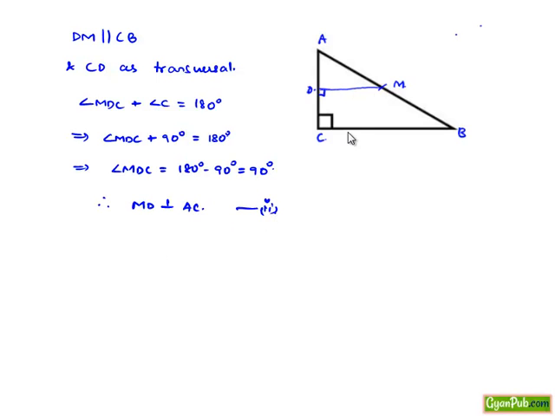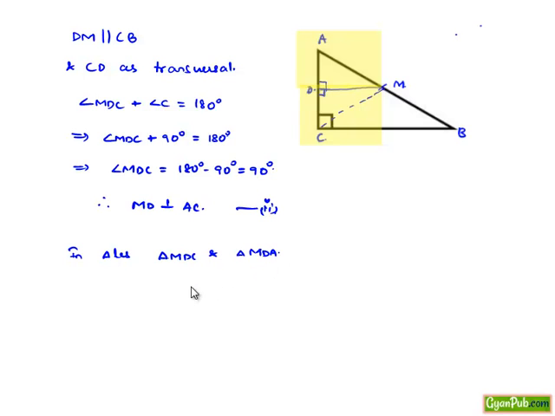Now let us join CM. Now if we observe the triangle AMC, in this MD is dropped perpendicular to AC, so we can say that angle ADM will be also 90 degrees. Now let us consider both triangles, that is triangle MDC and triangle MDA.